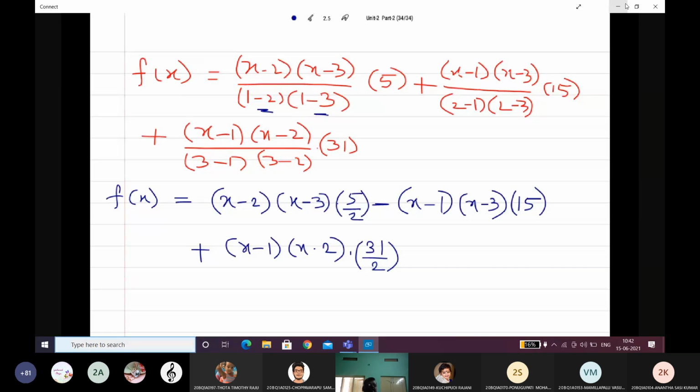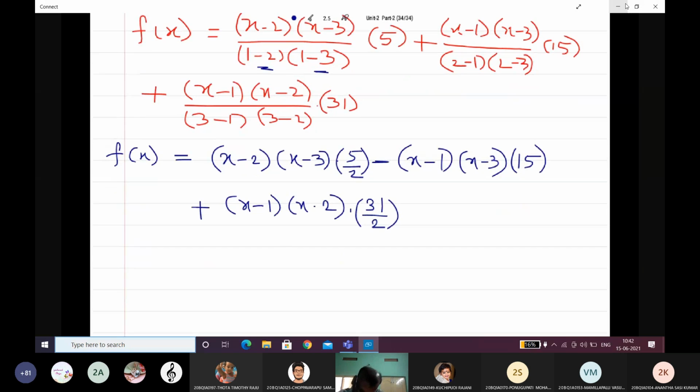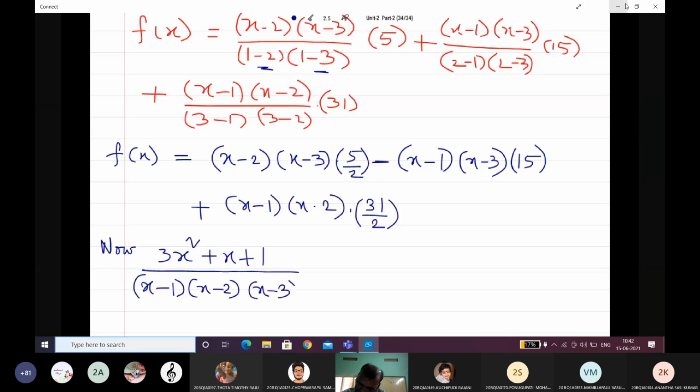Now what is the given function? Express the function 3x square plus x plus 1, how can we write it? We have to write this in the form: 3x square plus x plus 1 divided by x minus 1, x minus 2, x minus 3 is equal to, the numerator part.